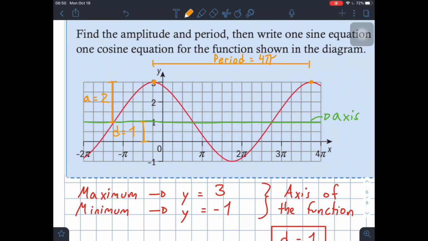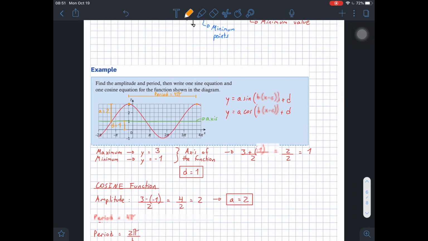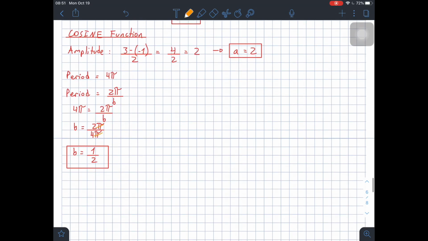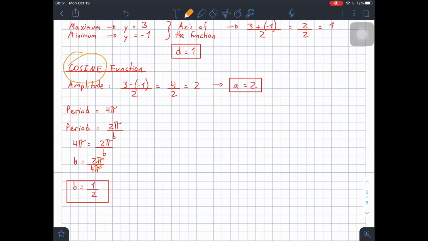So if we calculate what 1 square represents, then we would have the value of c. It would be that number of steps to the left, right? You see that here we have 1, 2, 3, 4 squares. That means that each square represents pi over 4, right? That means that the function is displaced pi over 4 units to the left. Okay, so that's how we obtain the value of c for a cosine function.